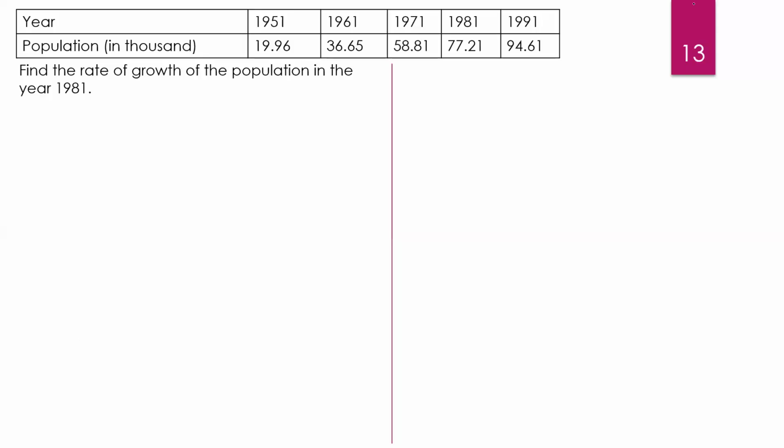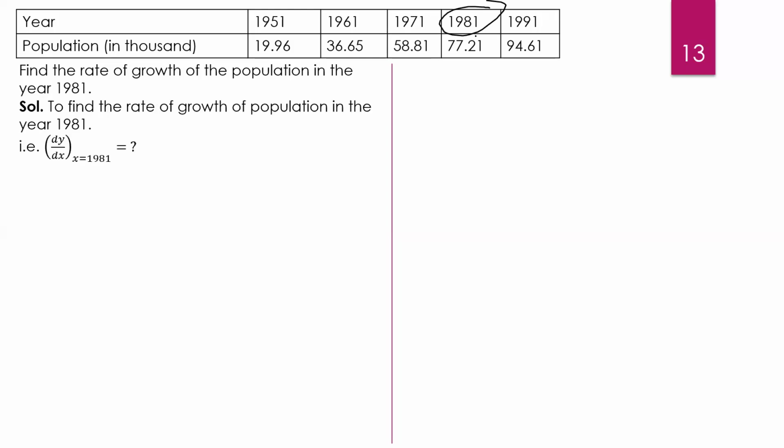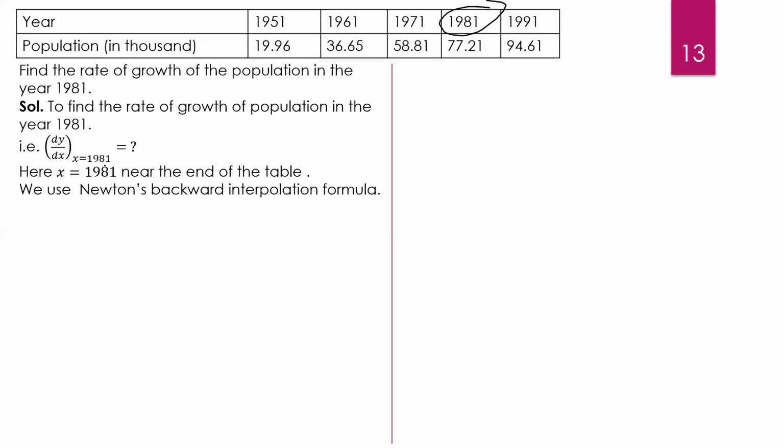This value is near the end of the data set, not the last, but near the end, so we use the Newton backward formula. The rate of growth of the population means the rate of change, that is the derivative of the population with respect to year, dy/dx at x equal to 1981.